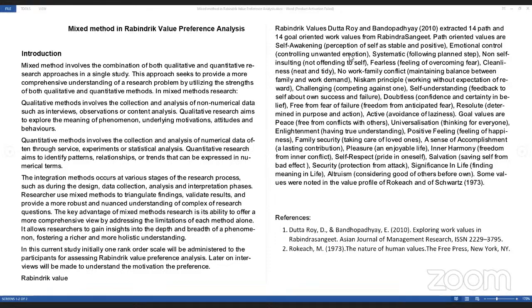So appendix, it will be appendices, because many will be there. It is plural. So appendices.